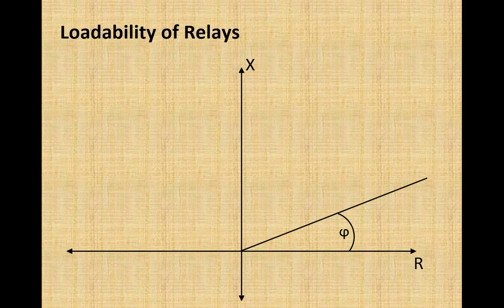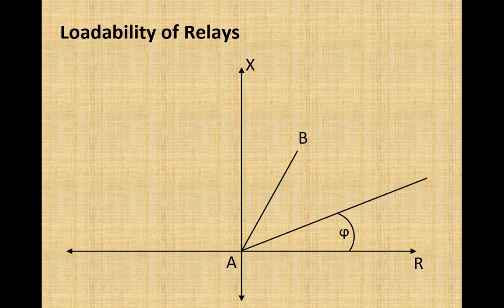If we assume that the power factor is fixed, then the increase in load is equivalent to movement of the impedance seen towards the origin along this line. The higher the load, the closer the impedance will move towards the origin.